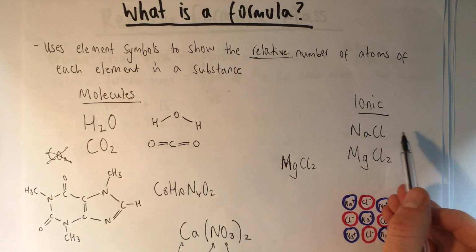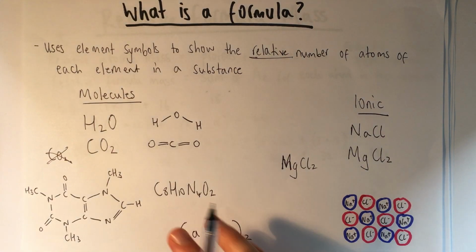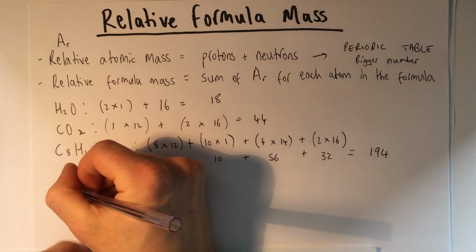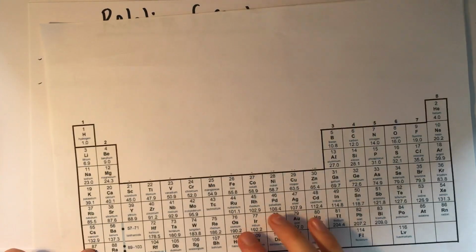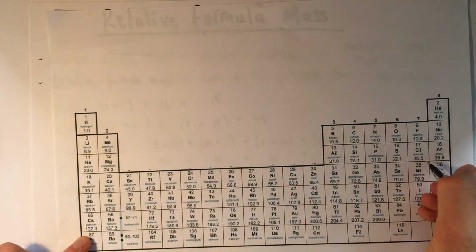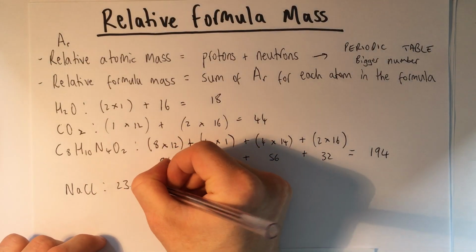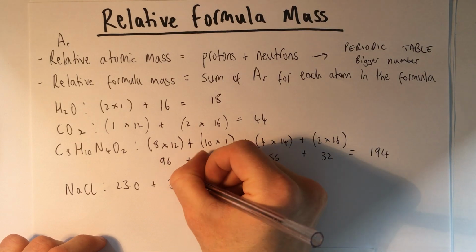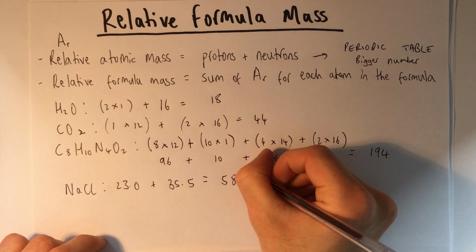I'm just going to use the formula, and I'm going to add together the mass of one sodium atom and one chlorine atom. So a bit simpler this time, just 23 plus 35.5. And that gives a relative formula mass of 58.5.